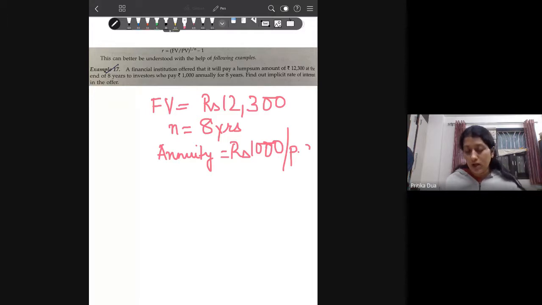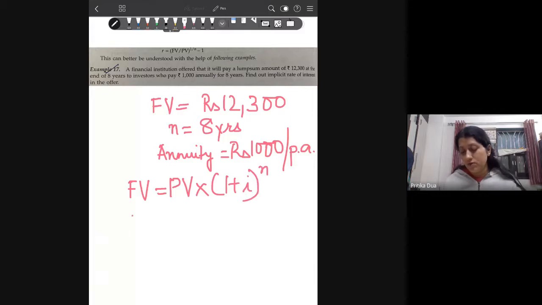Now, the future value will be the annuity amount into the annuity factor. So, till now, this is what we have done: present value into 1 plus i raised to the power n. But we can directly see that this is a question of annuity. So we use the PVAF table for a percentage we do not know.